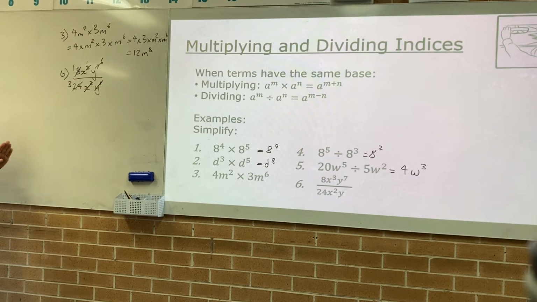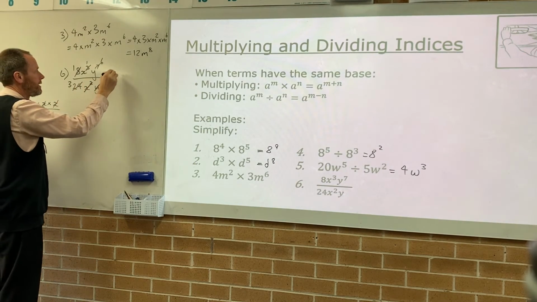Now I could show it to you over here. Let me just show you quickly. If I had x times x times x, and it's divided by, because that's the x cubed, x times x, effectively what I've done is I've cancelled out those ones, and I'm just left with x to the 1 on top.